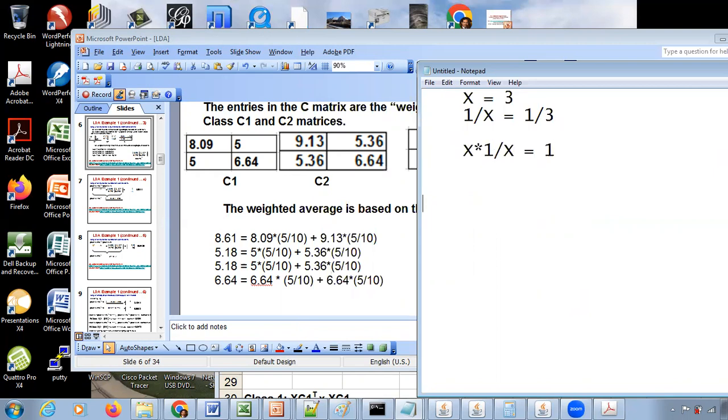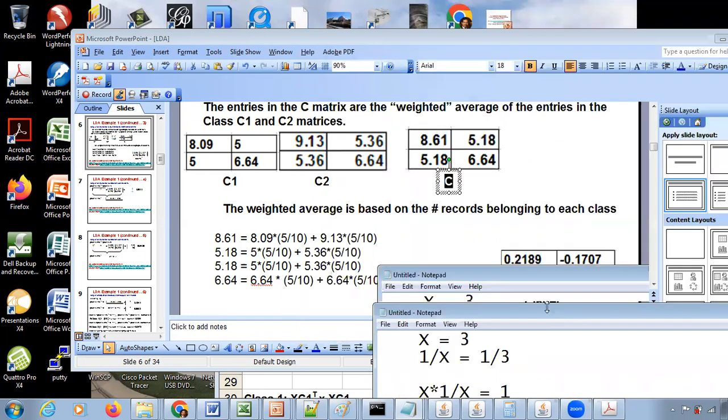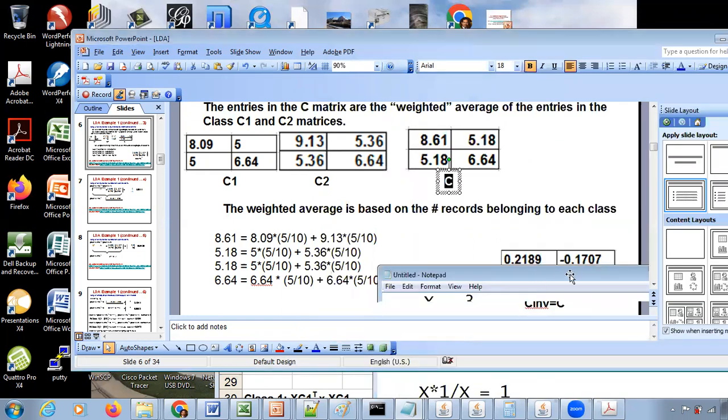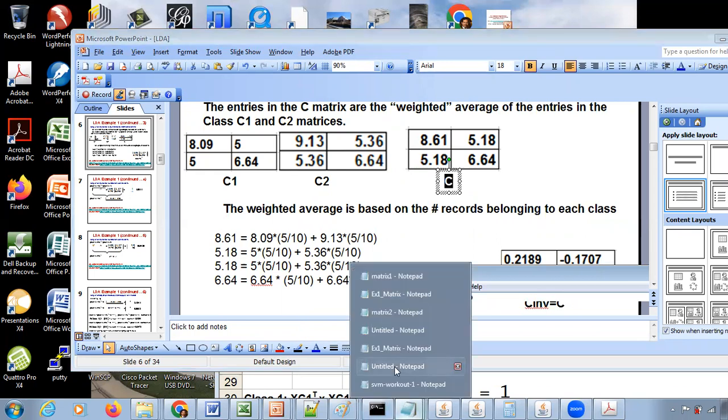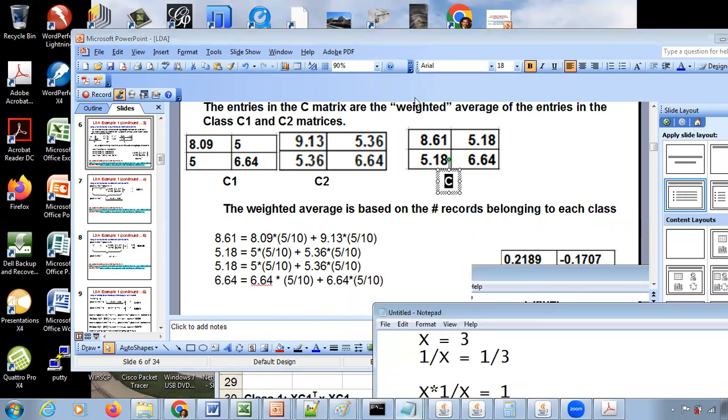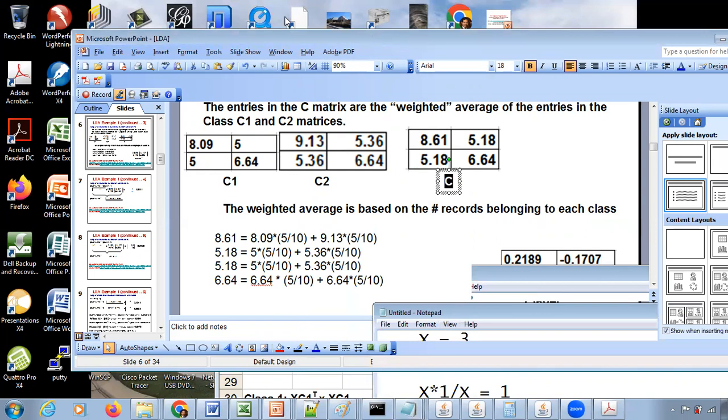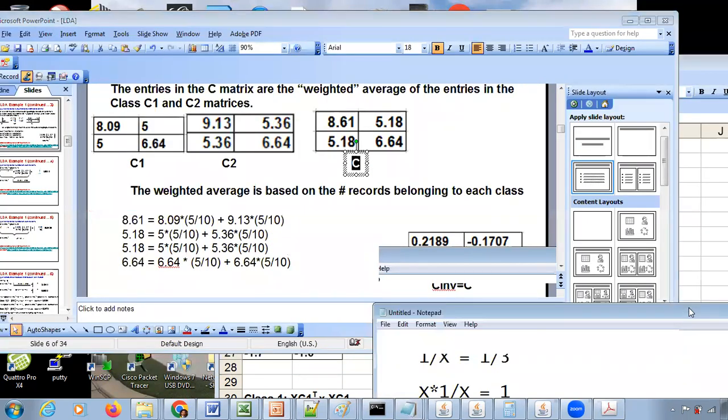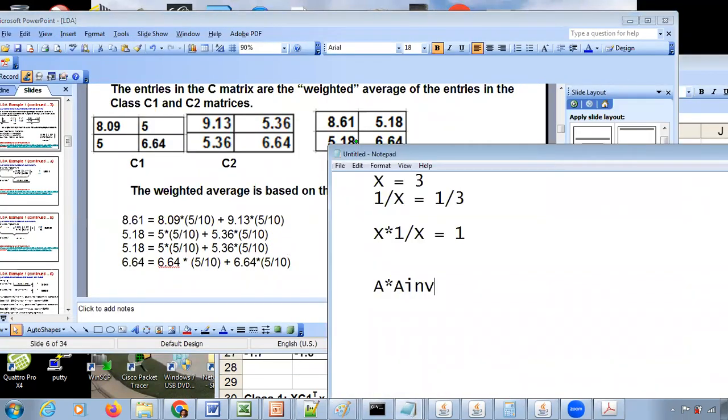Similarly, with matrices, we can have a matrix multiplied with its inverse. We say A to the power of -1 in general for inverse in math, but here I say C inverse.